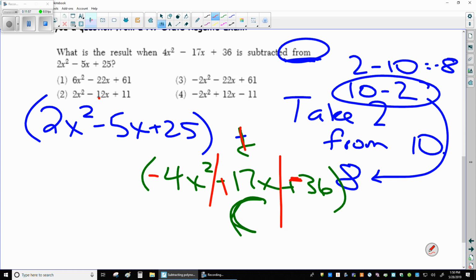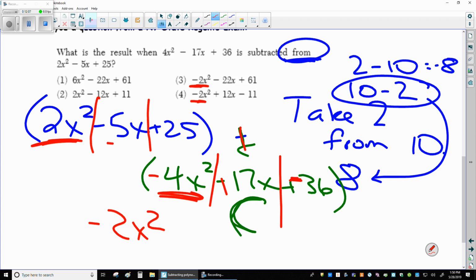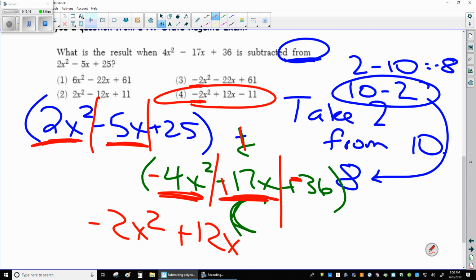So now when you start combining, this positive 2 and this negative 4 gives you negative 2x squared. So you know right away it's got to be one of these. And then my next one is negative 5x and positive 17 is going to give you positive 12x, which is this guy right here. I can stop after that.